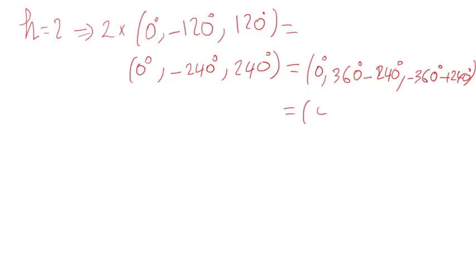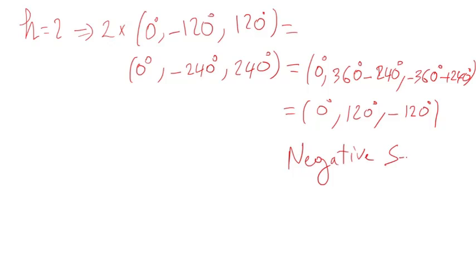So 0 doesn't change. 360 minus 240 is just 120 degrees. Minus 360 plus 240 is just minus 120, which is negative sequence.